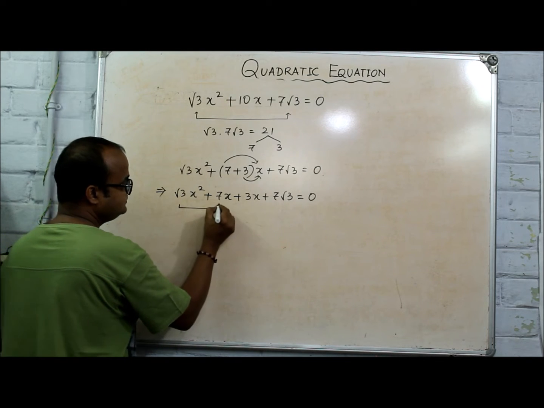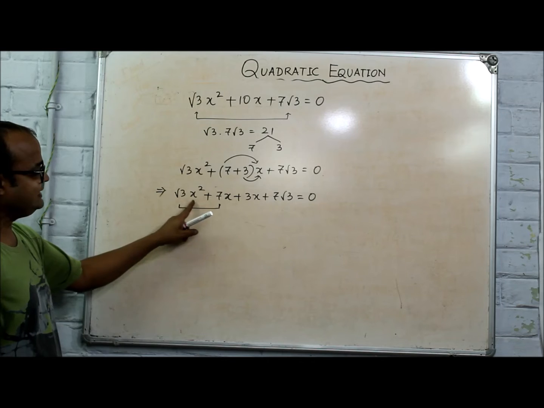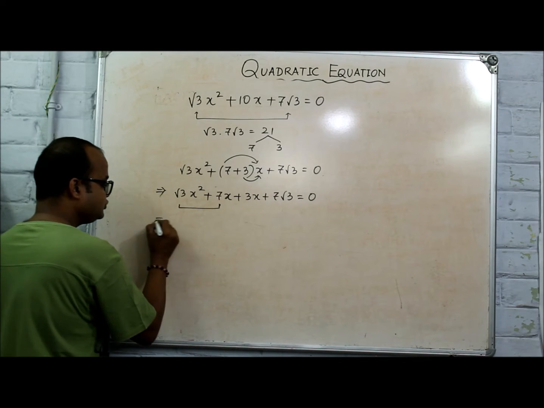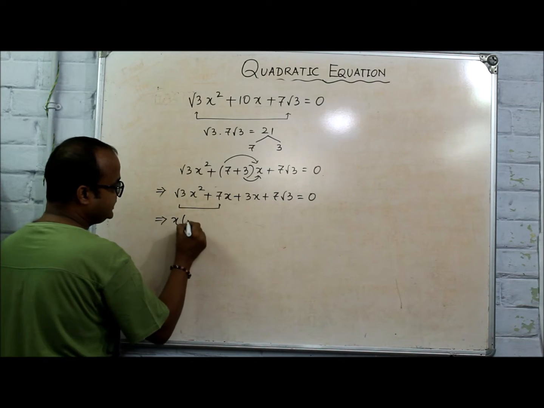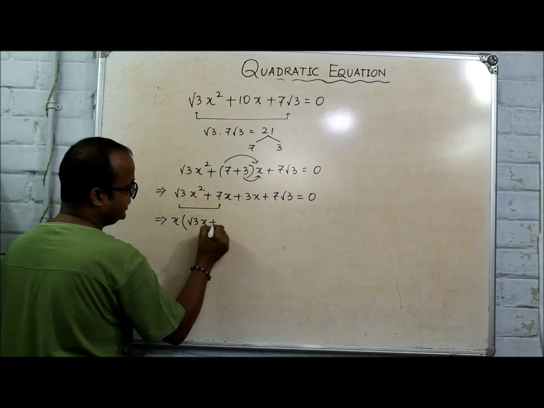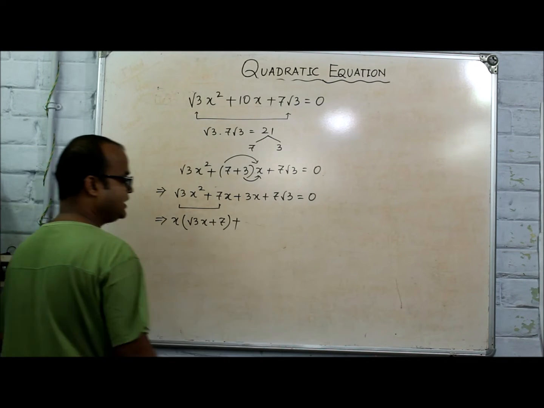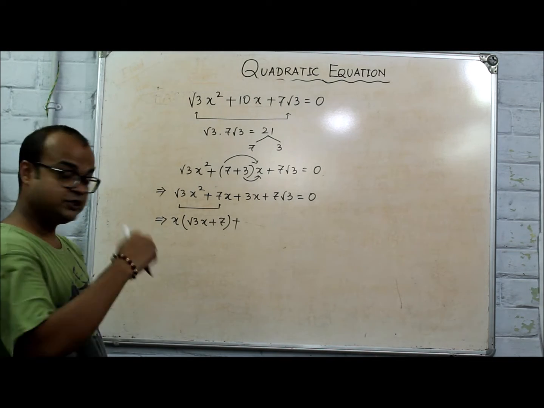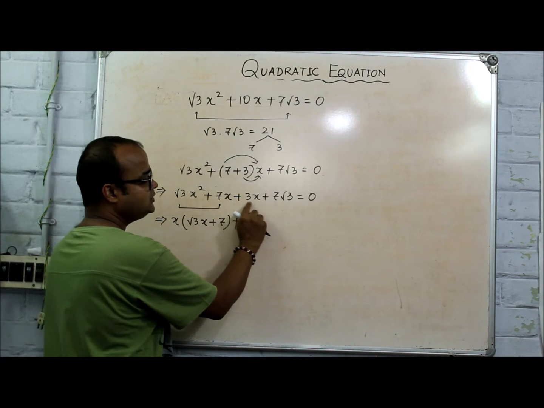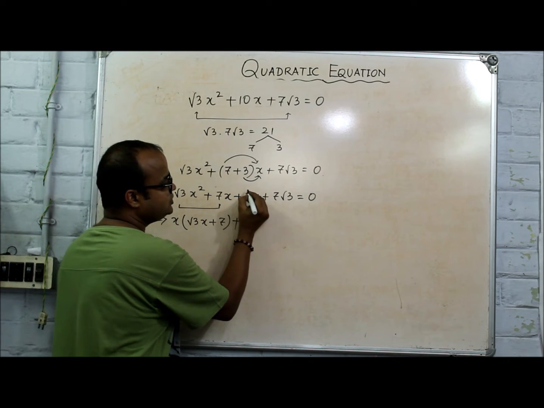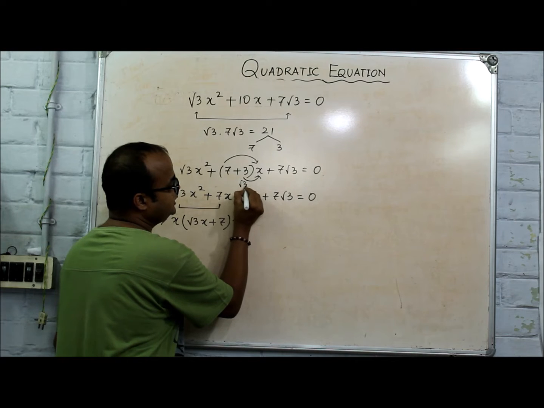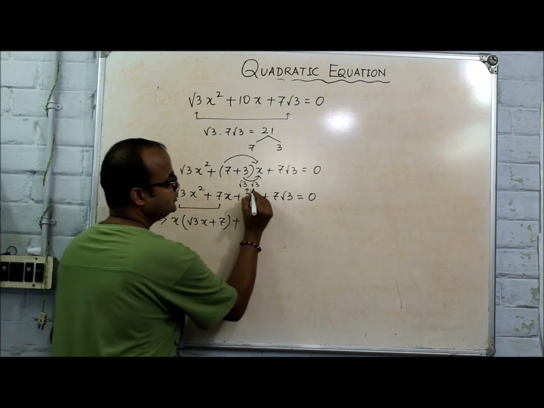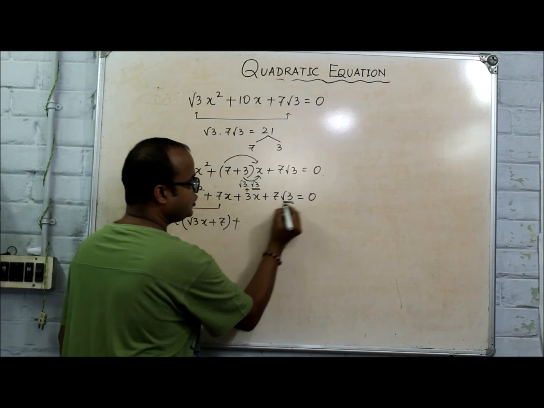From these two we can take x common only. So if we take x common, that will leave root 3x plus 7 plus. Now just look at the previous example. Same way we break this 3 into root 3 into root 3 so that we can take root 3 common.